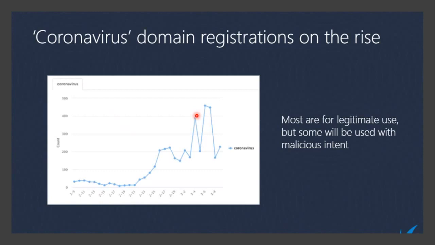I'm telling you this because most of these registrations are genuine, of course, but some of the domains have been registered with malicious intent, and using these domains they are sending emails to different organizations.